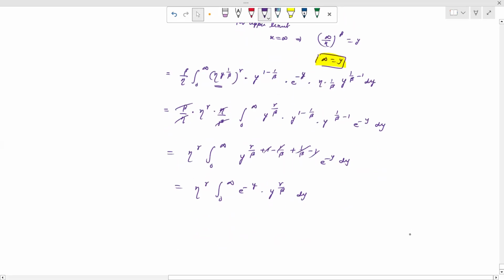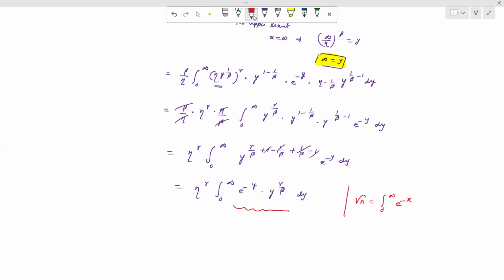Now here we use the definition of the gamma function. Gamma n is equal to the integration 0 to infinity of e raised to the power minus x into x raised to the power n minus 1 dx. Here we have r upon beta, which can be written as plus 1 and minus 1.